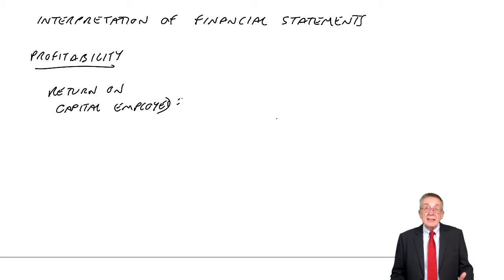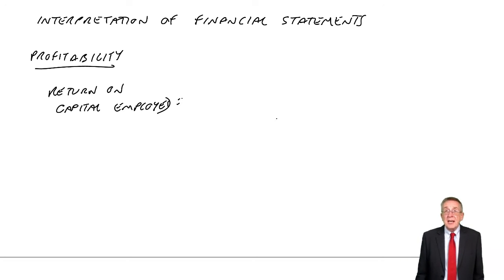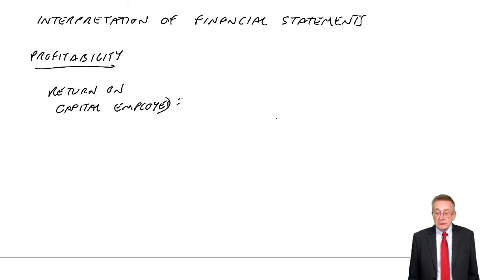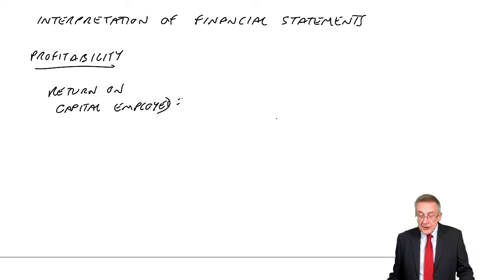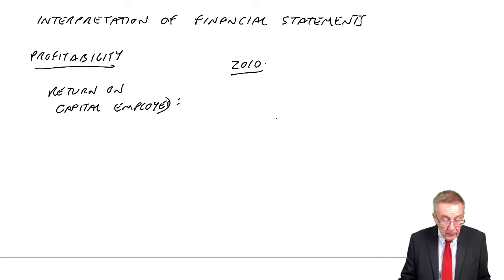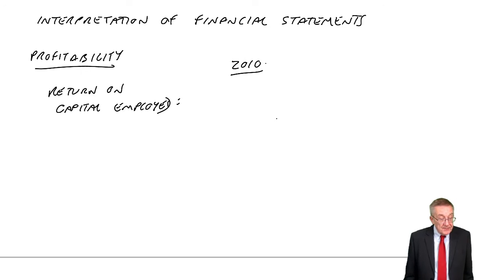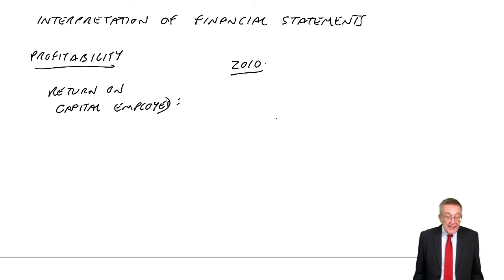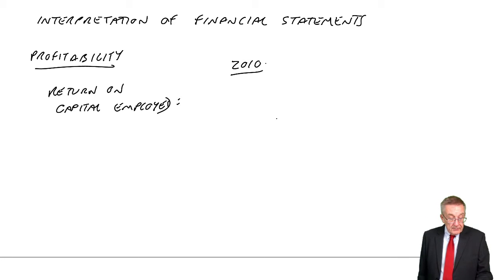It's pointless me writing down all the formulae. You have the next page in front of you. It's more important I explain what figures we're using and where they come from. You'll see we take the profit before interest and tax. For 2010, the profit before interest and tax is the profit from operations, which is 1896.